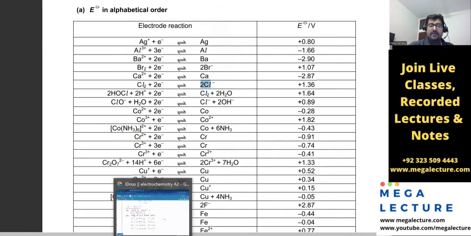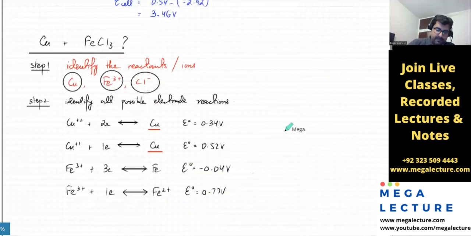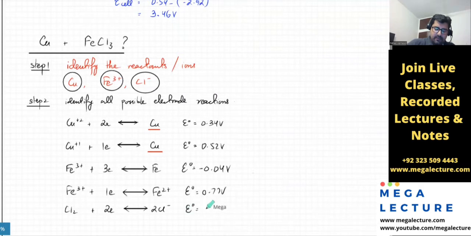So let's write down that one as well. So I've got Cl2 plus 2 electrons in equilibrium with 2 Cl minus. And that's E naught 1.36 volts.